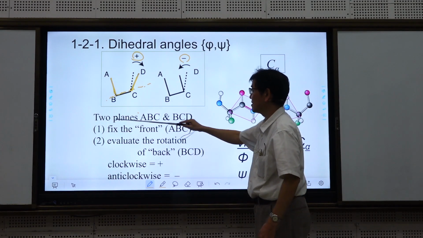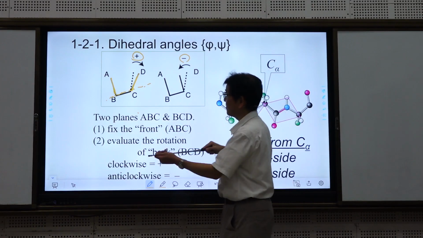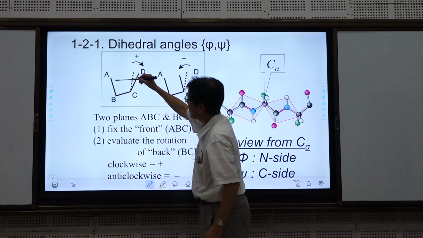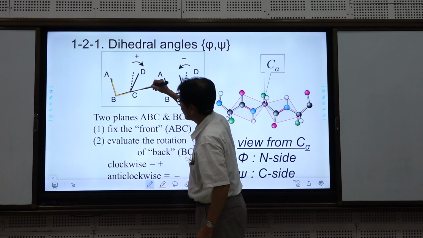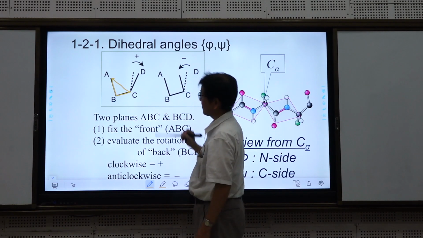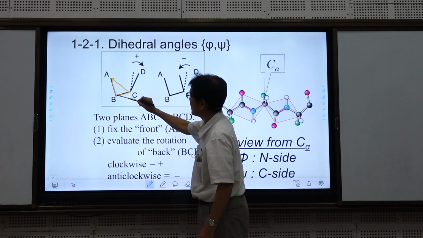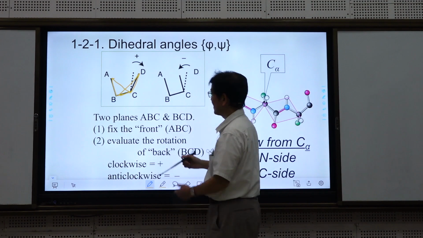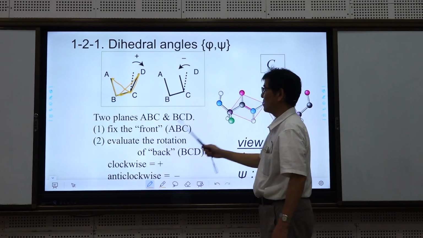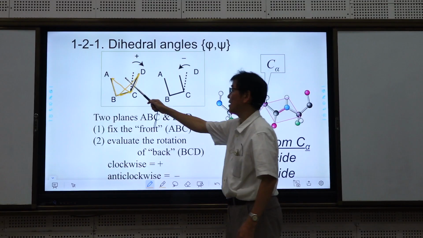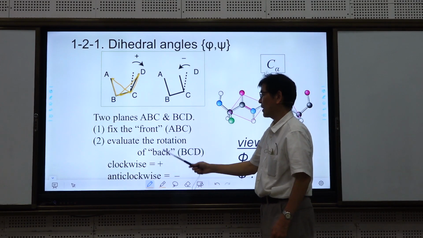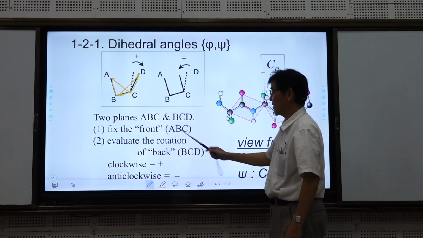So please consider there are two planes, ABC and BCD. ABC here is a plane. BCD there is a plane. And fix a front, in this case ABC, and evaluate the rotation of the back, BCD.